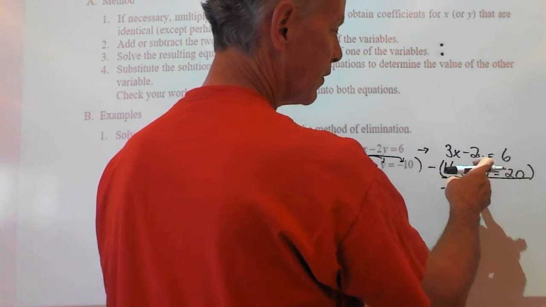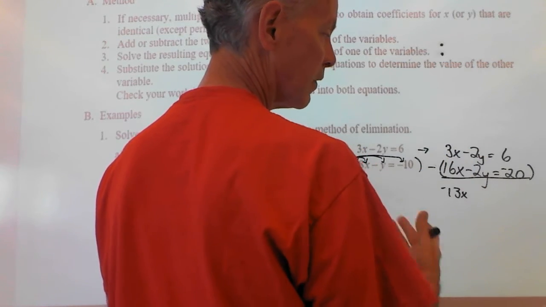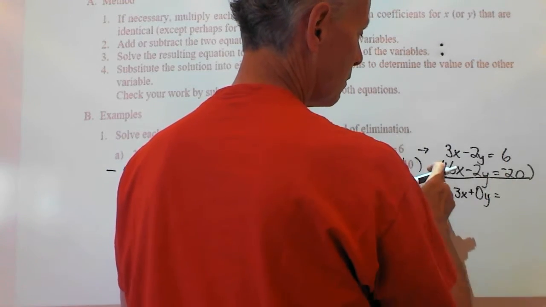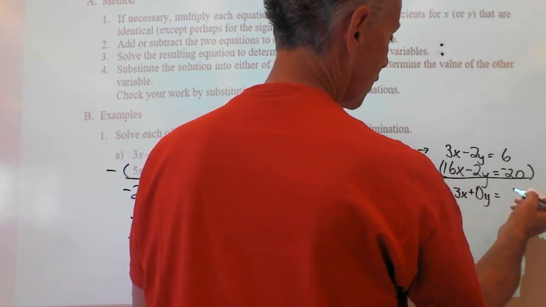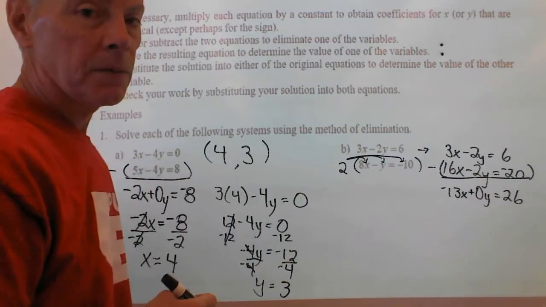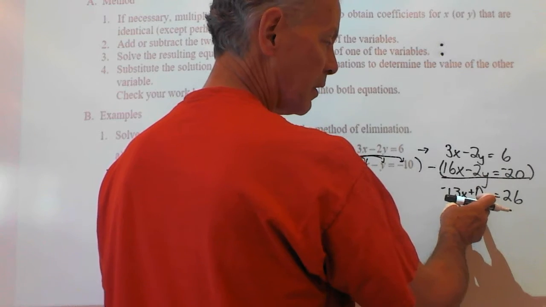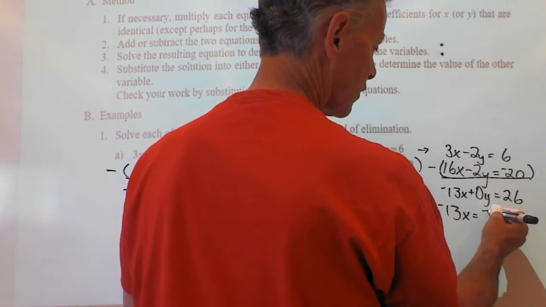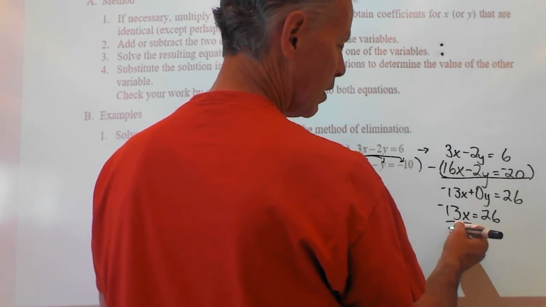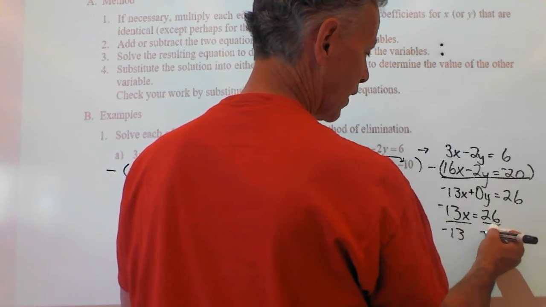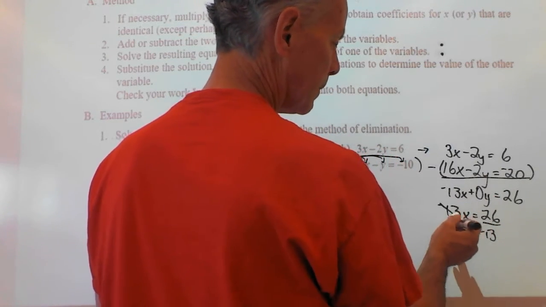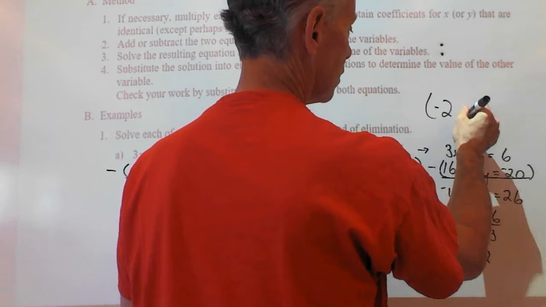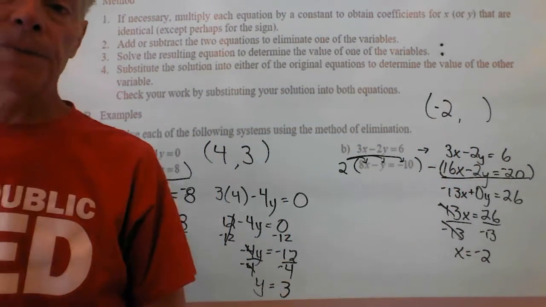Negative 2y minus negative 2y, again, minus a negative changes it to plus, and you end up with 0y. 6 minus negative 20 is like saying 6 plus 20, gives us 26. Again, remember the y disappears. That's what we want to happen, and we get this nice simple equation, negative 13x equals 26. We can then isolate x by dividing through by negative 13, and that gives us x equals negative 2. Well, there we go. We already have half of our solution.